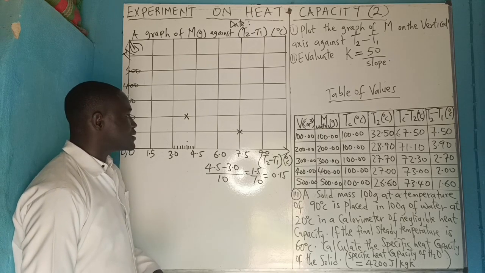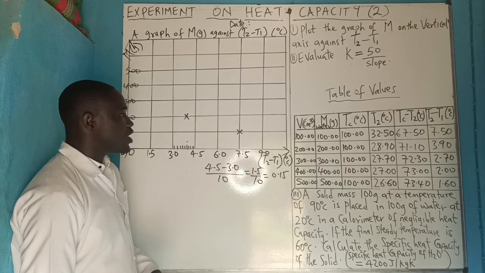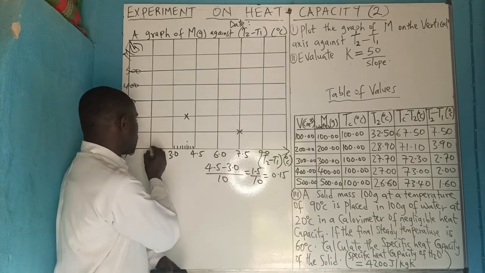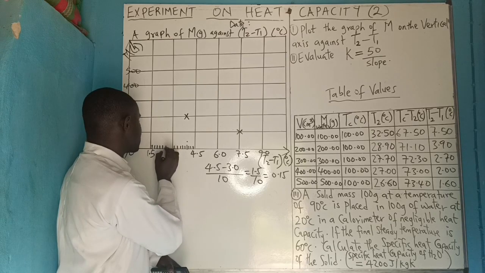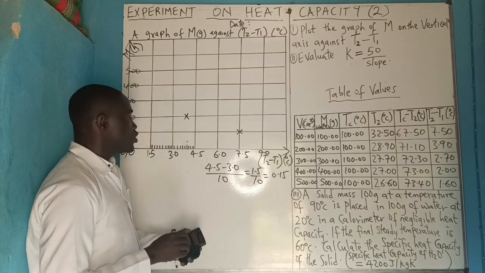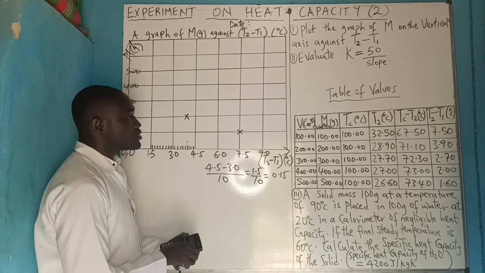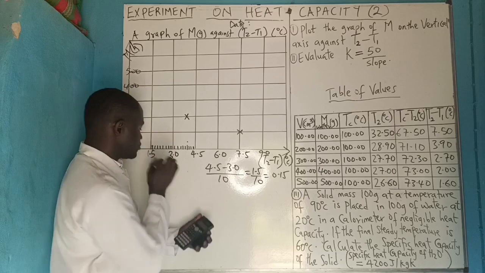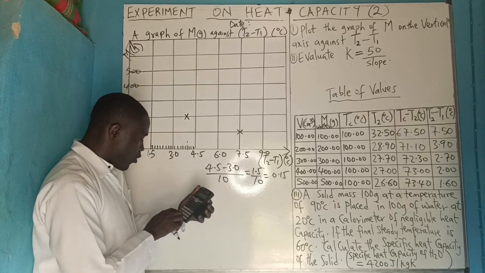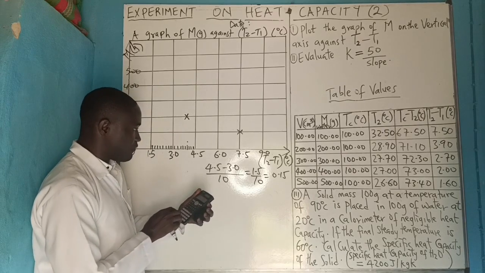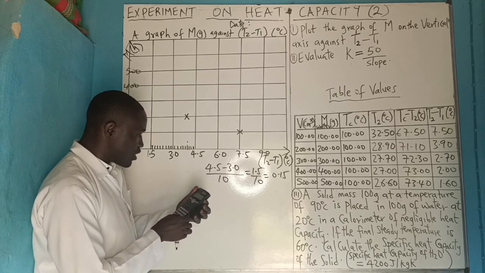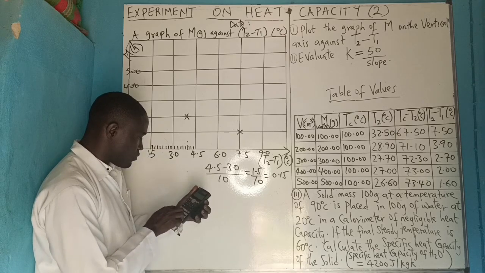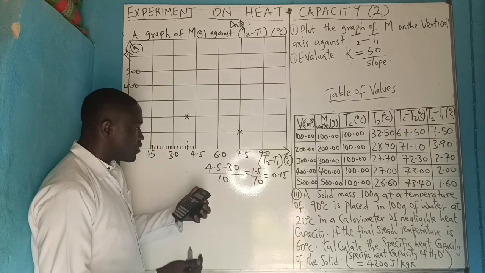2.7 against 300. We start from 1.5. 1, 2, 3, 4, 5, 6, 7, 8, 9, 10. For 2.7, watch what I will do. 0.15 times 5 will give me 0.75 plus 1.5, that will give me 2.25.